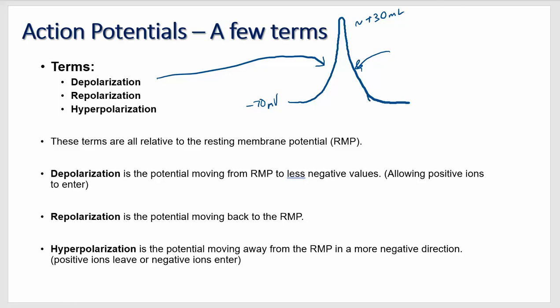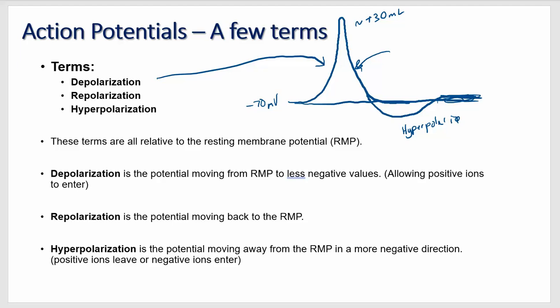And really, the way I drew this, it looks like it goes right back down to resting membrane potential, but it actually goes down all the way and hyperpolarizes. Okay, so this is hyperpolarizes. So it actually goes below -70 for a little while, before it finally levels out back at that resting membrane potential. Okay, so depolarization is from the resting membrane to less negative or positive.